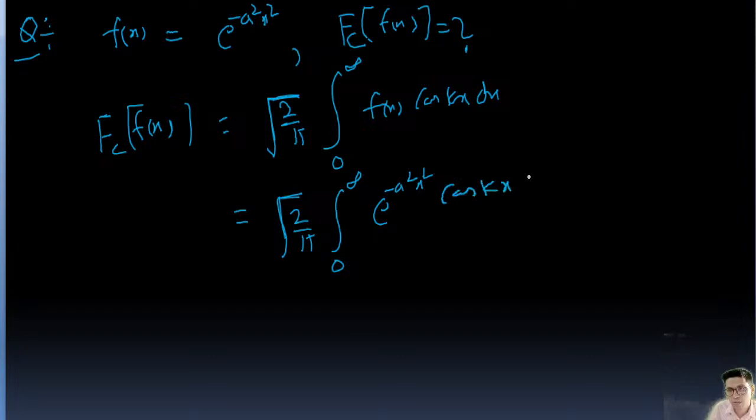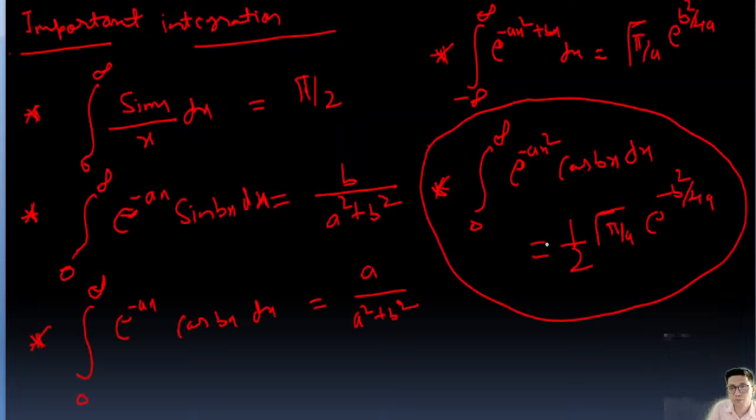Now we know this formula: integration 0 to infinity of e to the power minus alpha x square cos bx dx, where here alpha is a square, equals 1 upon 2 root pi upon alpha e to the power minus b square upon 4 alpha, which I have already explained.